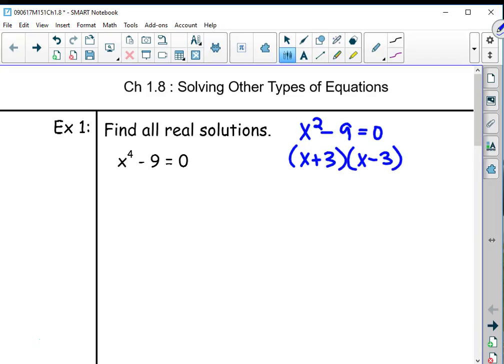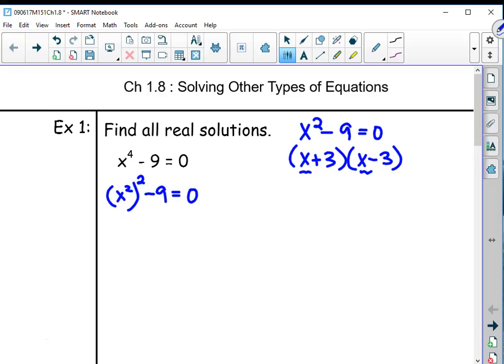Only instead of using the x here, we will have the exact same factors if we use x squared. So basically we're looking at x squared, all squared, minus 9 equals 0. X squared to the second power is x to the fourth, so this is just a way of noting that.